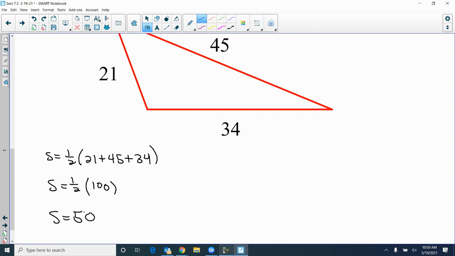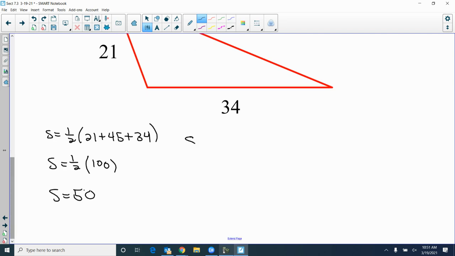All right, I got 50 for my semi-perimeter. Plus, what is it, 34? Oh, I did 30. That'll change it.